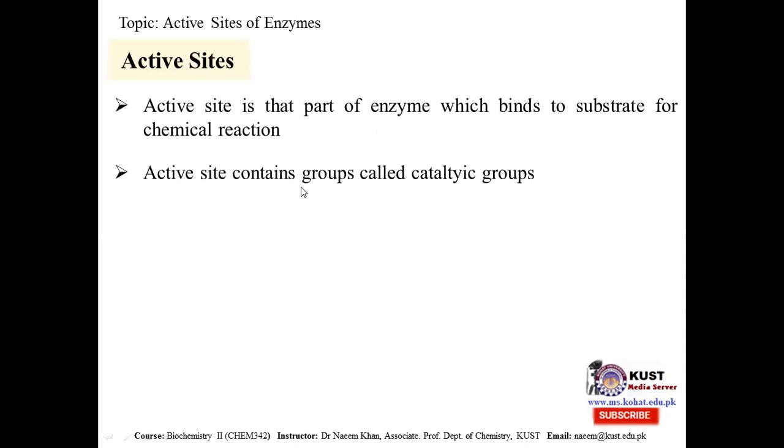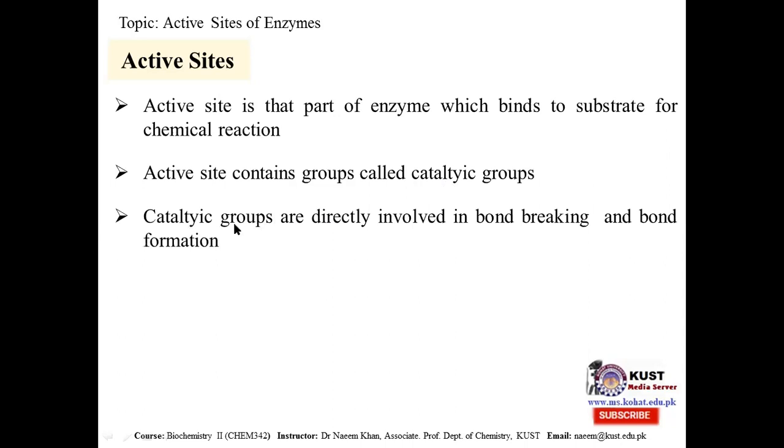The active site contains groups called catalytic groups. The active site of enzymes contains some special groups, and these are the groups required for catalysis. The catalytic groups are the groups required for the catalysis of enzyme-catalyzed reactions.